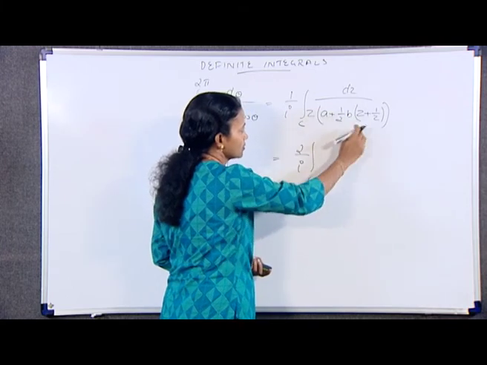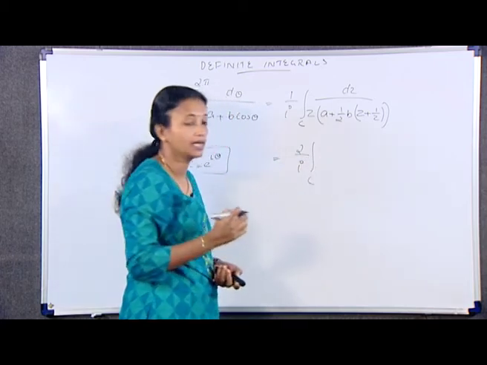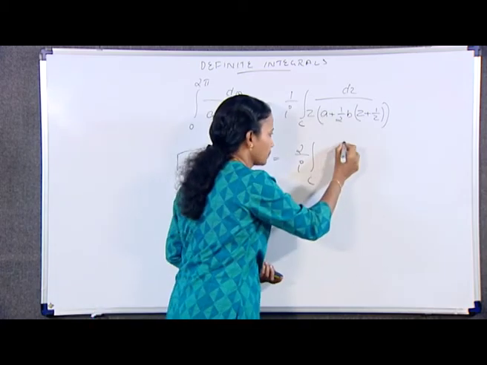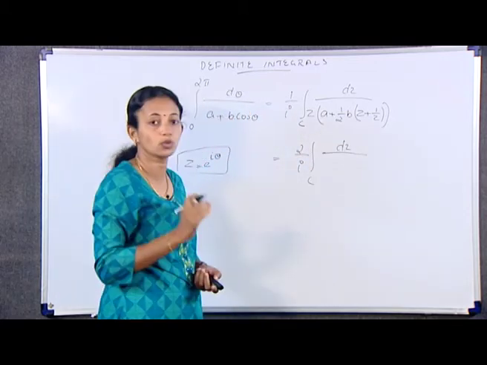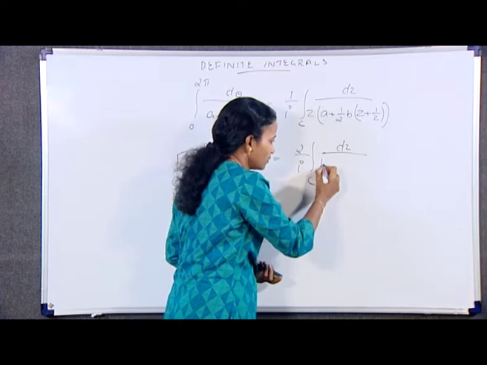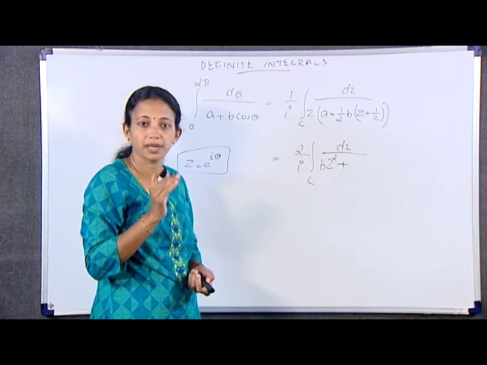by doing some calculations here, we get the integral over C of dz by, that is by simplifying the denominator, it is equal to bz² + 2az + b.